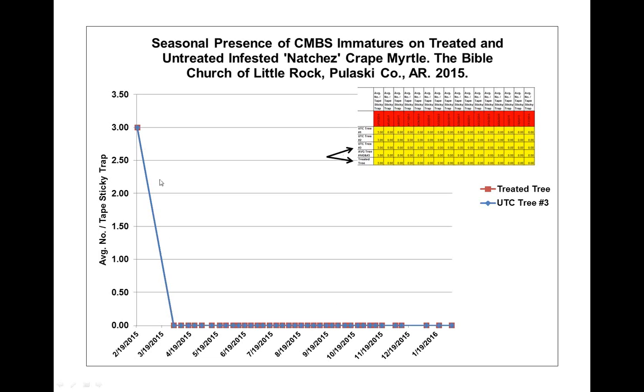The blue line for the untreated will be exactly like it was on the previous charts, but hopefully the tree with the imidacloprid will flatten out and zero out for a period of time. That hopefully is not too confusing for everybody.